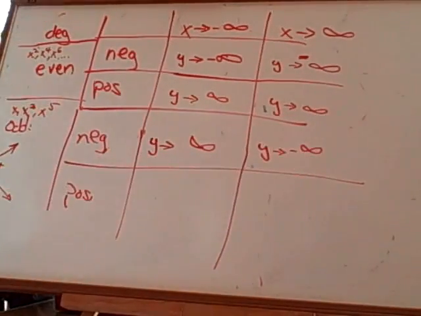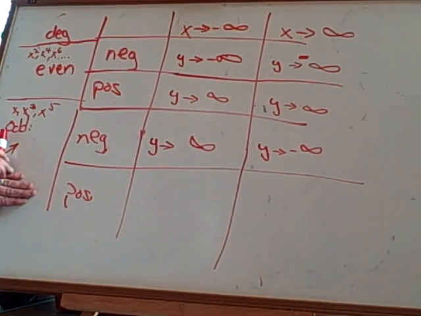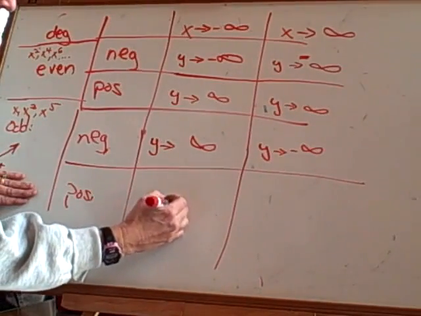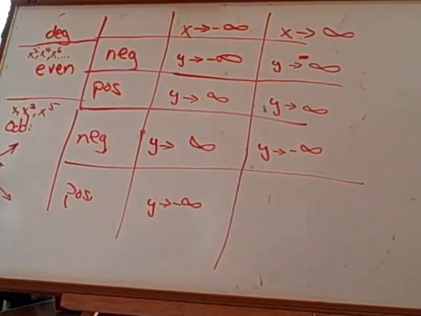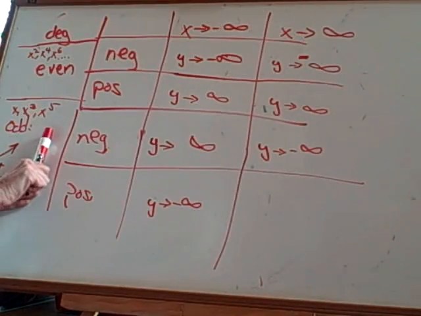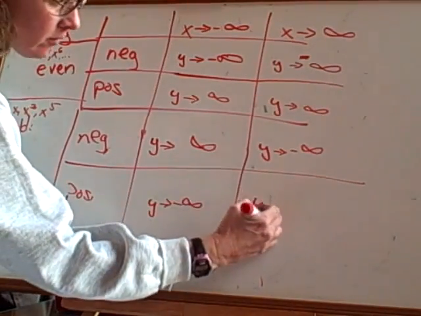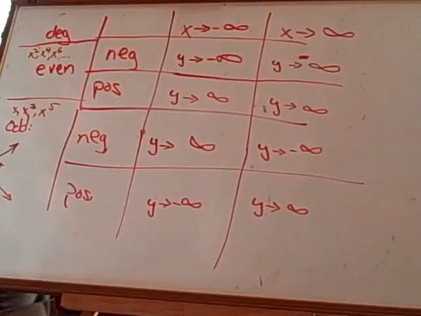All right, and let's look at it this way. Let's say we have our positive slope line, okay? As x approaches negative infinity, where is y going? Negative infinity. And as x is approaching positive infinity on this top one, what's y doing? Positive infinity. Perfect.